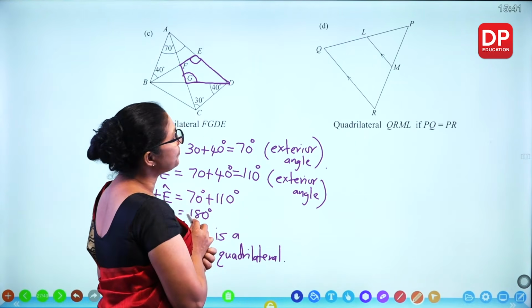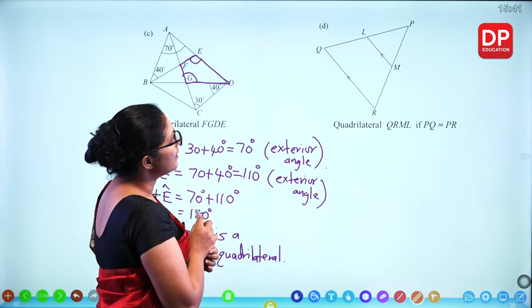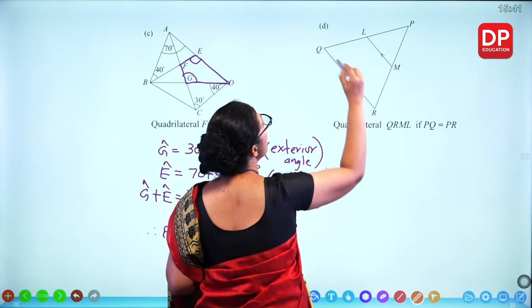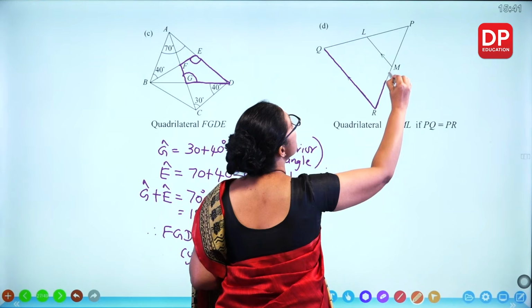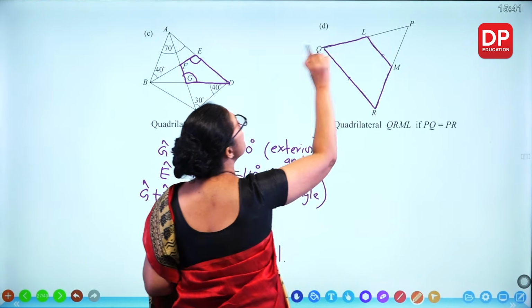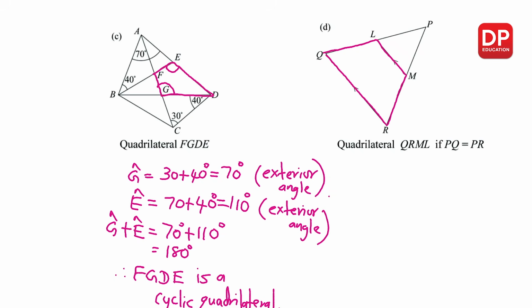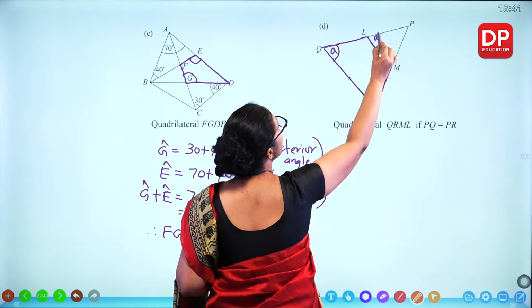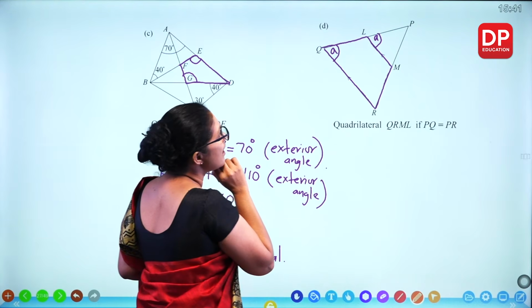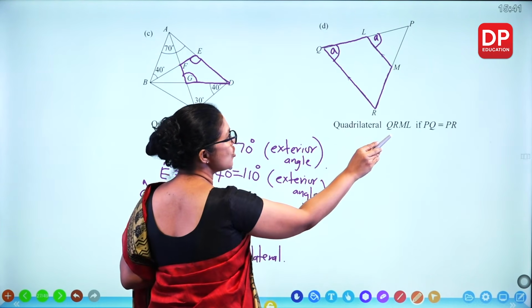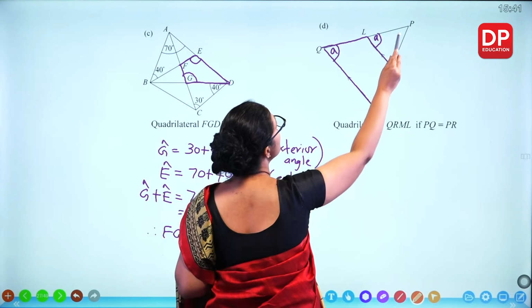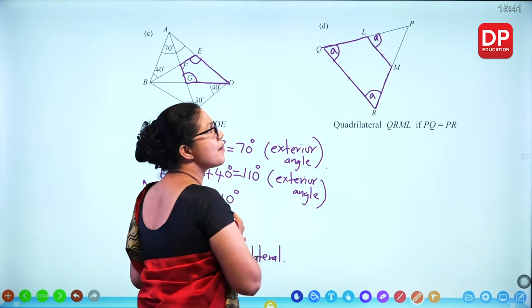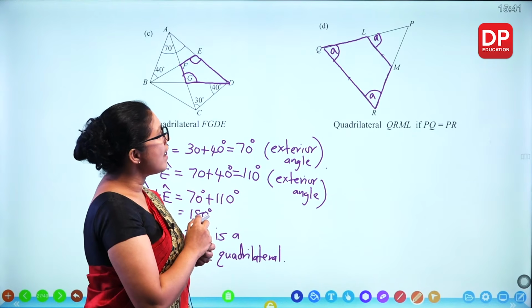Look at this one. You have given two parallel lines, quadrilateral QRML. QRML is this one. Now, according to parallel lines, if this is A, this is A. And another information given, PQ is equal to PR. That means this is also A because isosceles triangle.